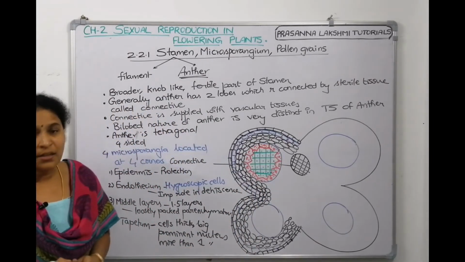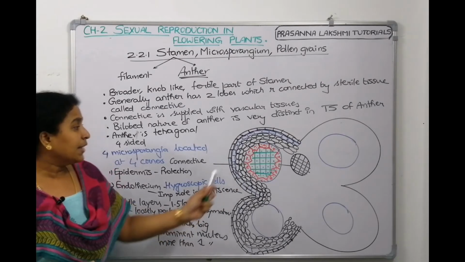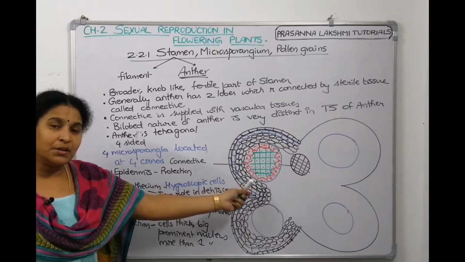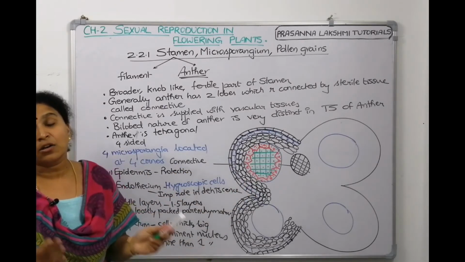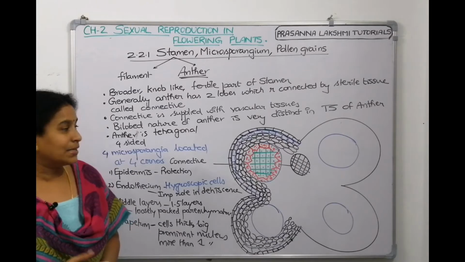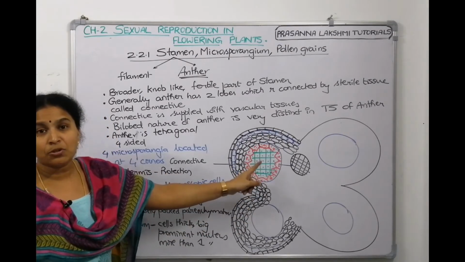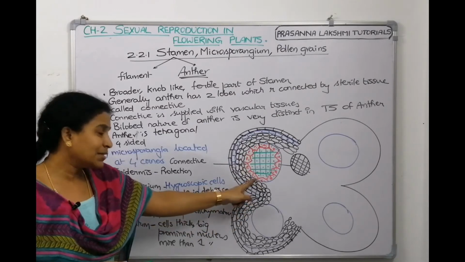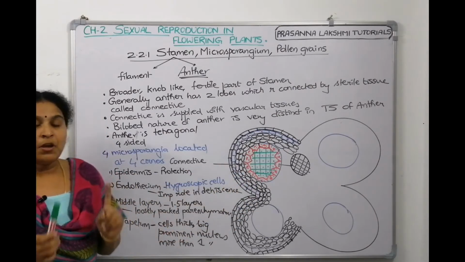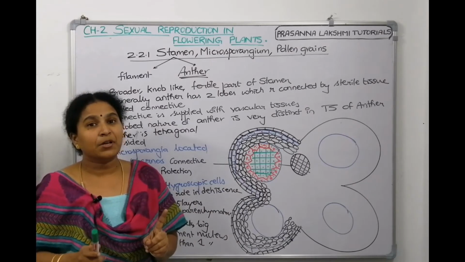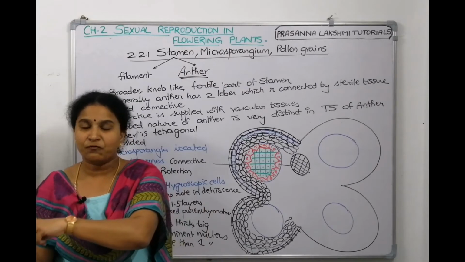If it is a young anther, you call it sporogenous tissue. If it is a matured anther, then this sporogenous tissue converts into microspore mother cells or pollen mother cells. They undergo meiosis to make the pollen grains. So, inside this is the sporogenous tissue. The sporogenous tissue is nourished by these tapetal cells, and we always know that the male gamete production will be enormous because the male gamete has to travel and reach the female gamete.